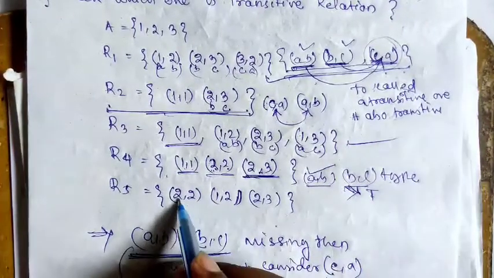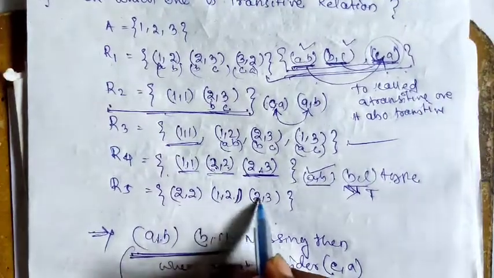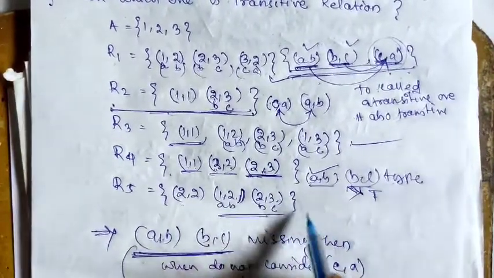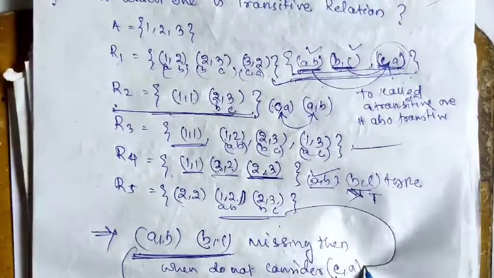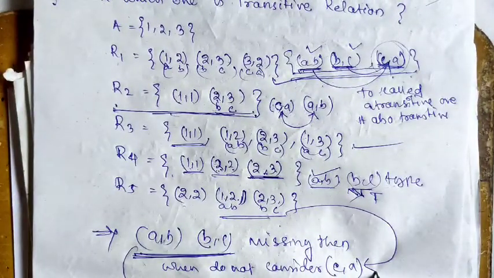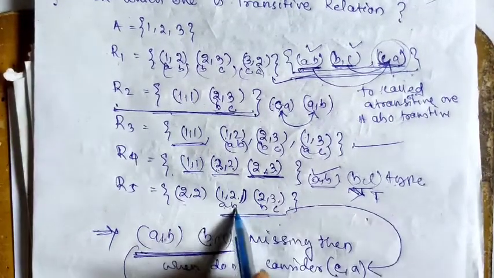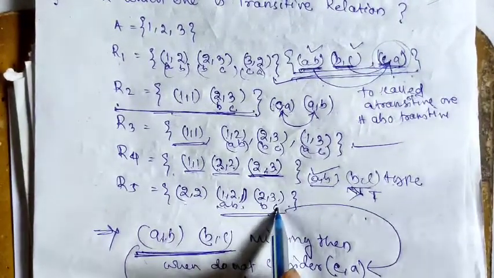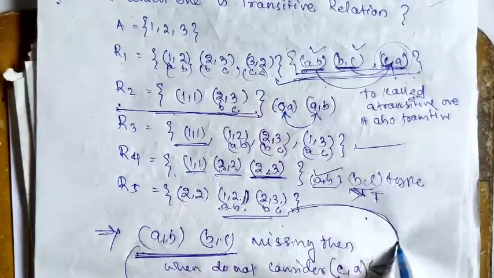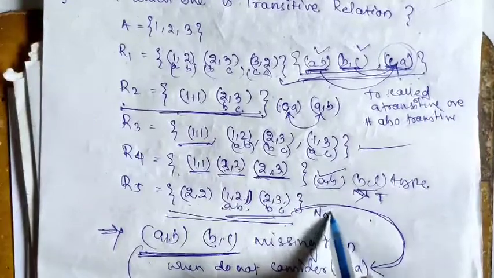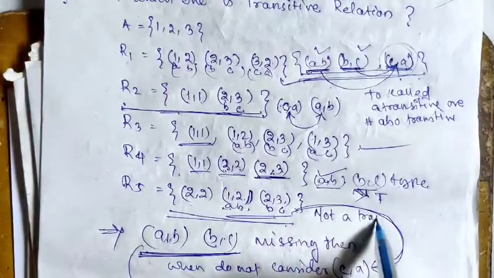In the third, 2, 2, 1, 2, 3, 2. Here AB and BC are present. So now we consider CA, whether it is present or not. Here AB and BC are present, and we have to consider CA, which is not present here. So it is not transitive.